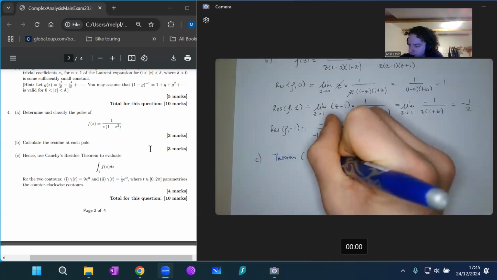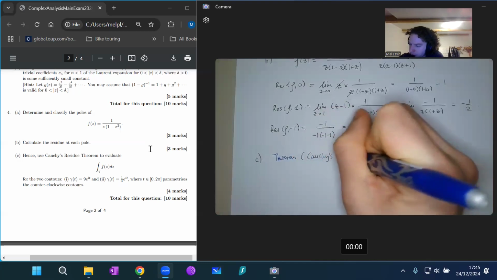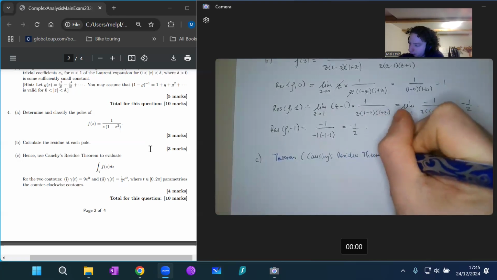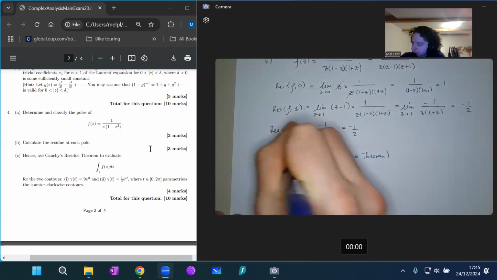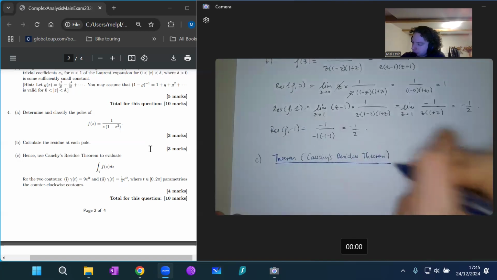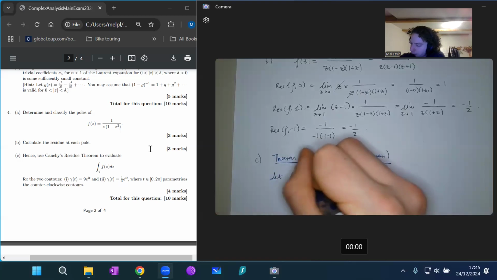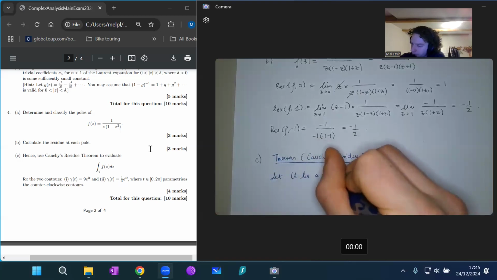Cauchy's residue theorem. Let U be a simply connected domain.